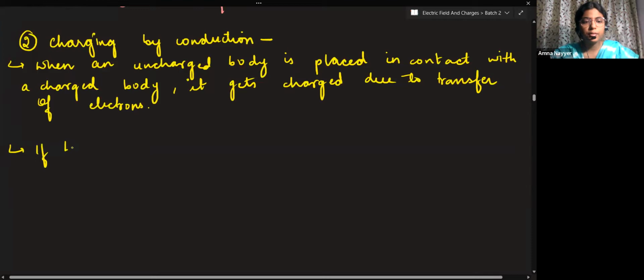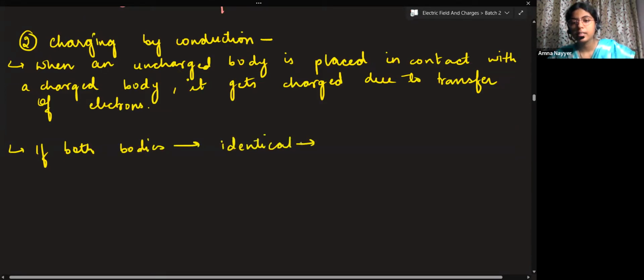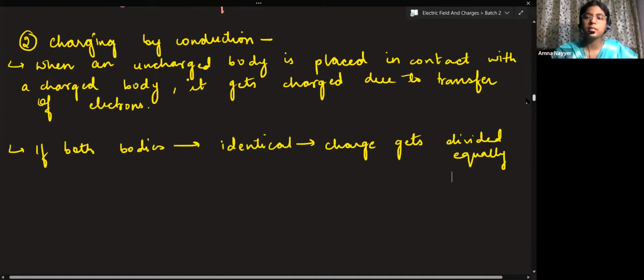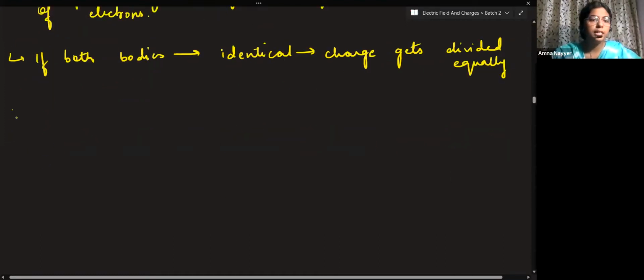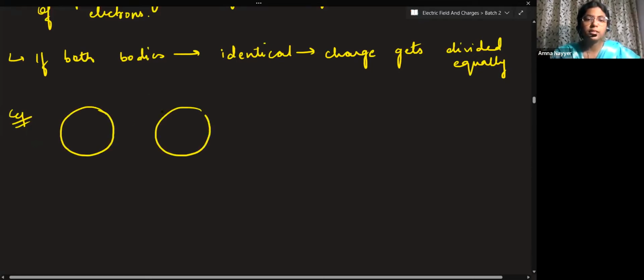See, if both bodies are identical, then the charge gets divided equally. For example, if I have this sphere and another sphere, and the radii of both the spheres are the same, it means both the spheres are identical.